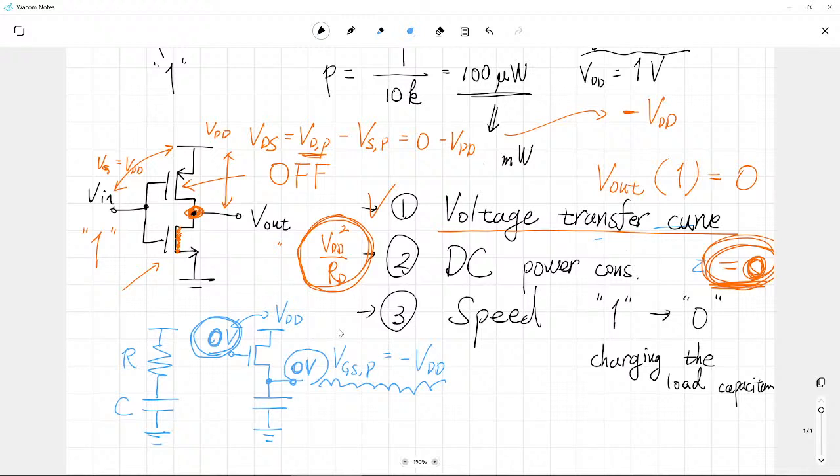But in the case of the PMOSFET, when we need low conductance, we can just turn it off. And if we need higher conductance, we can just turn it on.